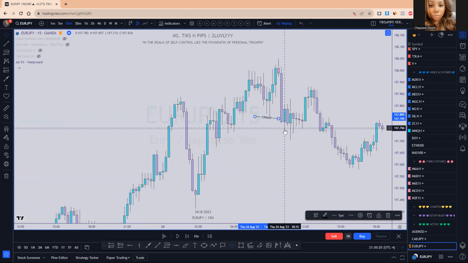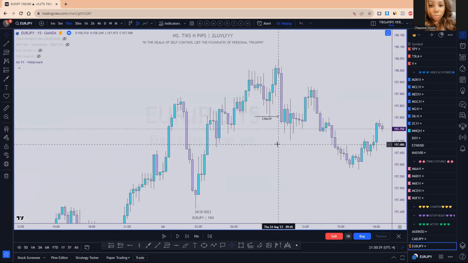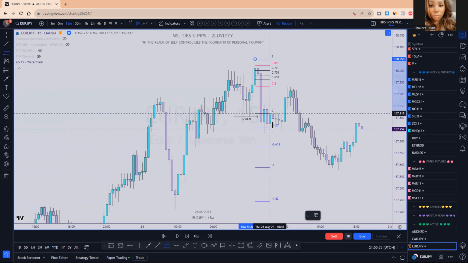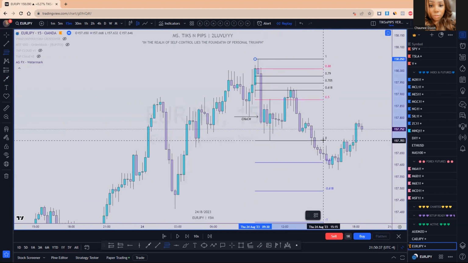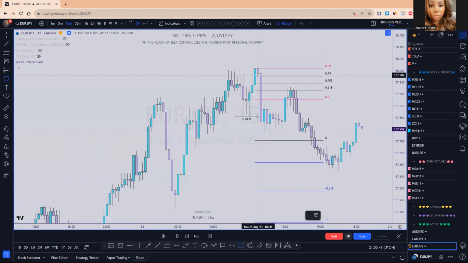Oops, my bad. All right, and then you would measure from the top to the bottom, from left to right. Here's our OTE area.